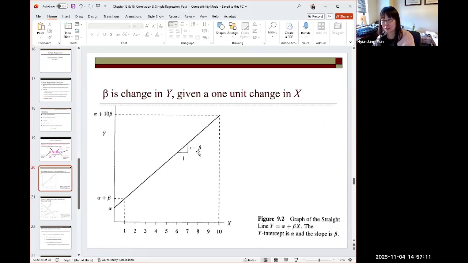That's beta. And here in the graph, where the line hits the y-axis, that's alpha, the baseline, where it starts. So that's what we need to find for a regression model, the alpha value and the beta value.